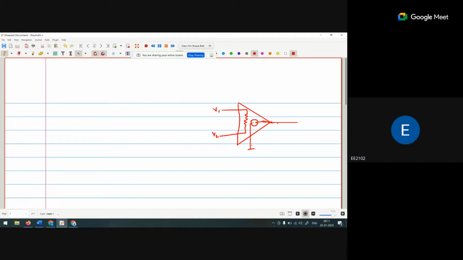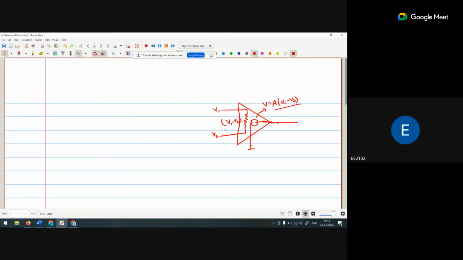Now the voltage drop across this resistor, there is one particular thing, which is V1 minus V2. So we take A of V1 minus V2 as the voltage source, that is the voltage of the voltage source.